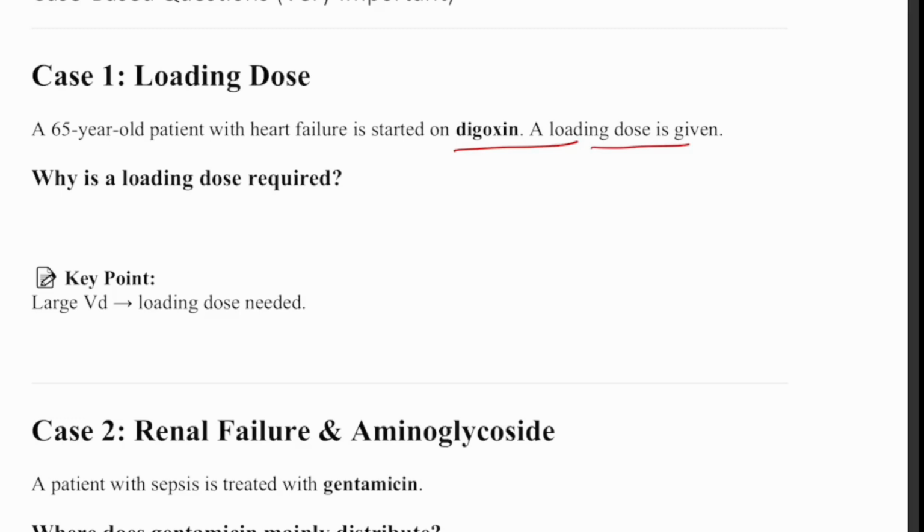Without a loading dose, therapeutic plasma levels will take a very long time. So the loading dose is given to achieve the therapeutic level early. The key point is large volume of distribution, loading dose. Another example is phenytoin.